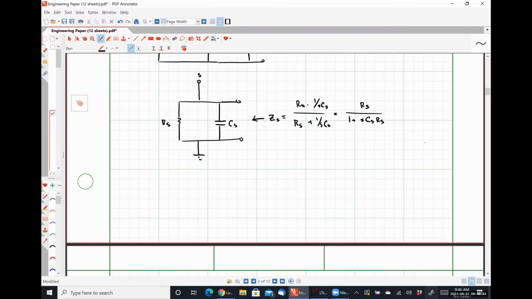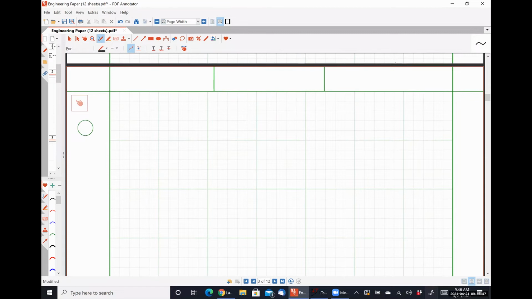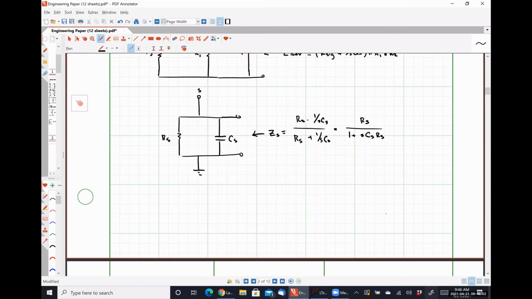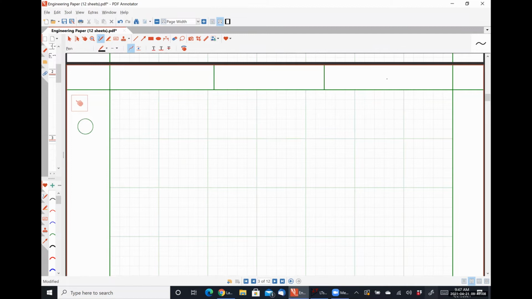So I'm going to redraw my circuit now, including those simplifications. All right. So redrawn, my circuit looks like this.